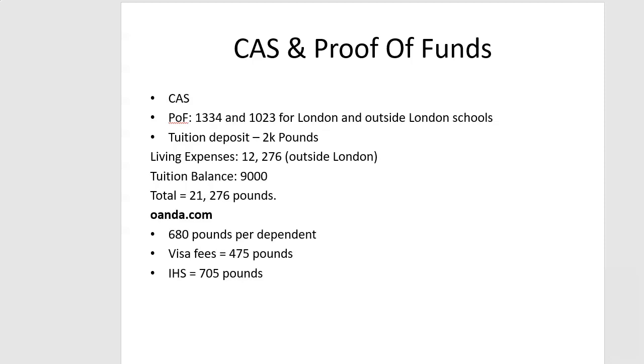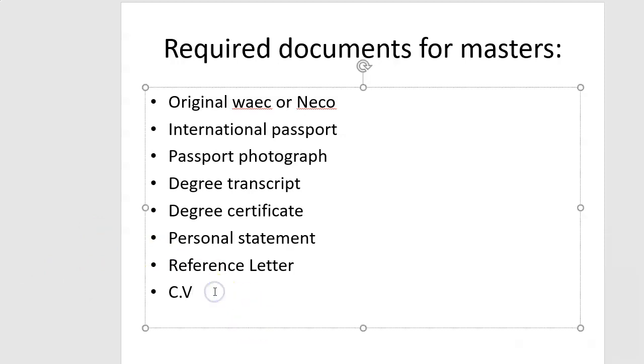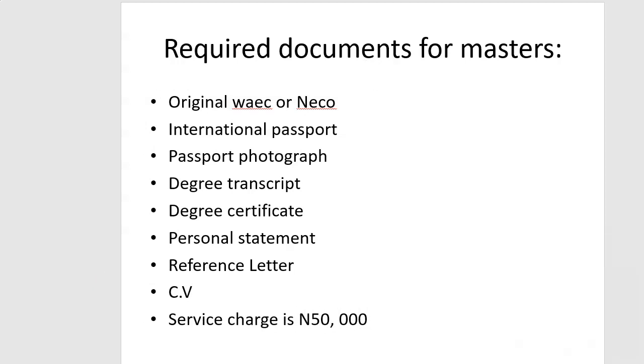After sending these first sets of documents to us, we'll process your admission. This is the only thing we need for your admission. Our service charge is just 50,000 naira. We take it because some people, after the admission, elope and are nowhere to be found.